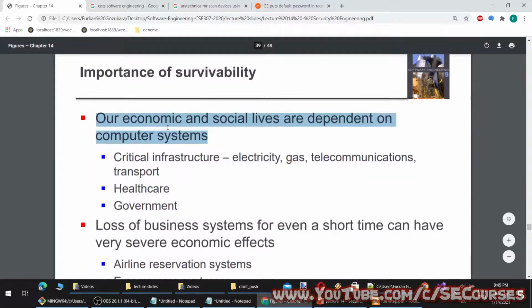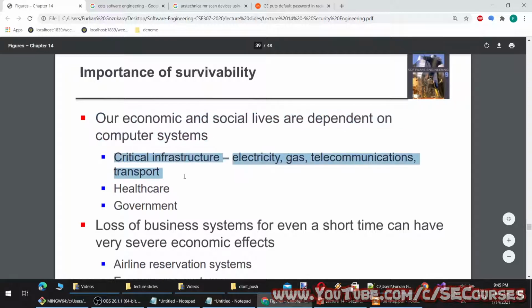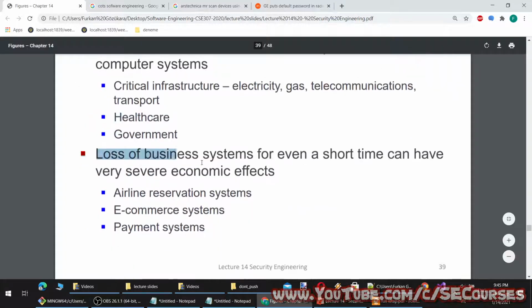Okay. Our economic and social lives are dependent on computer systems, critical infrastructure, electricity, gas, telecommunications, transport. These are all dependent on electronic systems, healthcare, government. Loss of business systems for even a short time can have very severe economic effects, such as airline reservation systems, e-commerce systems, payment systems.